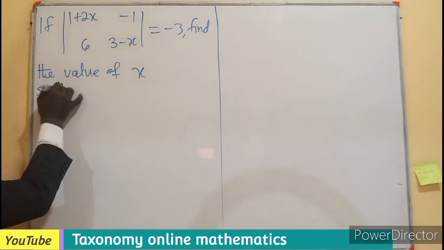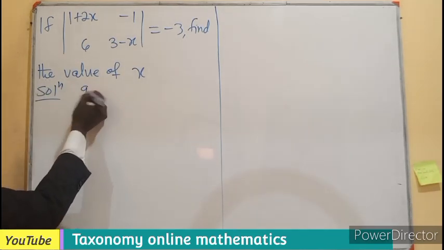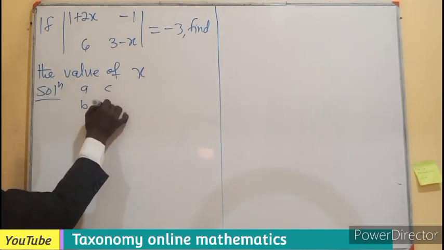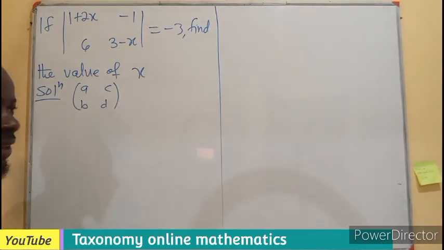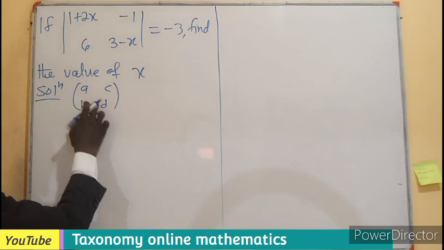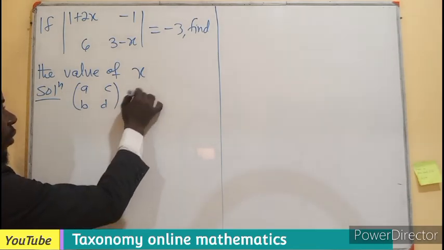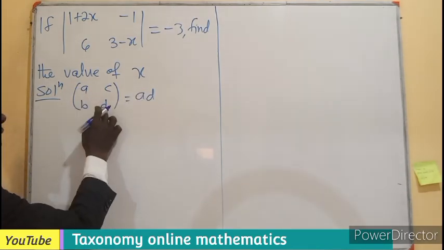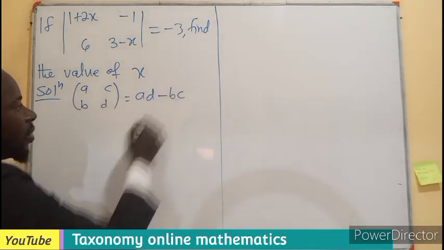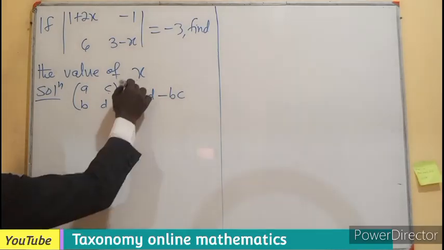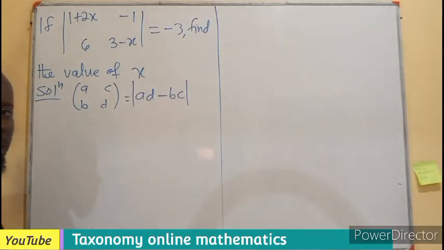So we know if I have a 2 by 2 matrix, let's say I have this, and I'm asked to find the determinant. It is always the leading diagonal multiplied, so this is going to be A times D minus B times C. So that is the determinant, right?